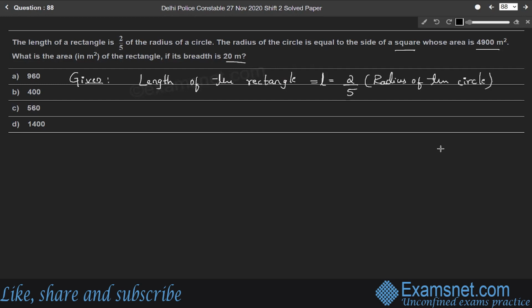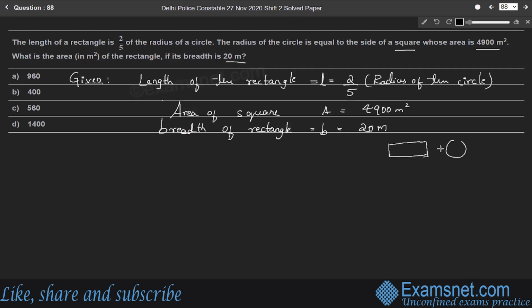Next, the area of the square is given. Area of square is equal to 4,900 meters square, and the breadth of the rectangle B is equal to 20 meter. So imagine three figures. One is a rectangle, another is a circle, another is a square, right?